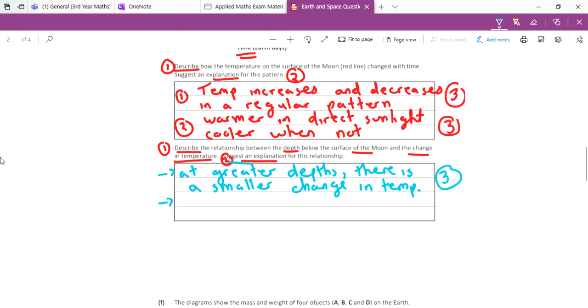So why might that be? Well, I suppose the deeper you go, you're kind of insulated by the soil that's on top of you, and we've talked about insulation and heat before.